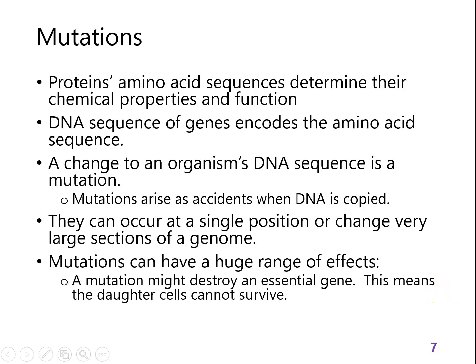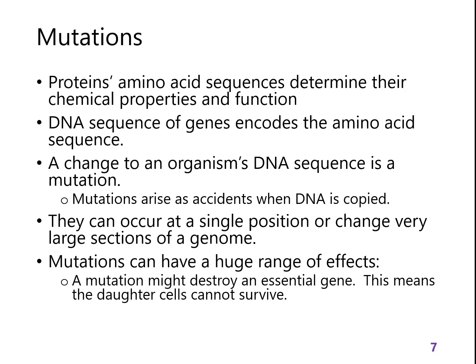So mutations, if they happen in an essential gene like actin, if there's a mutation in the gene for actin, an animal will not survive past fertilization. If there's a mutation in a less important protein, it might be possible to survive with that, and a person might not know it.